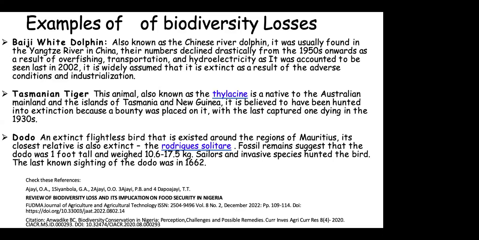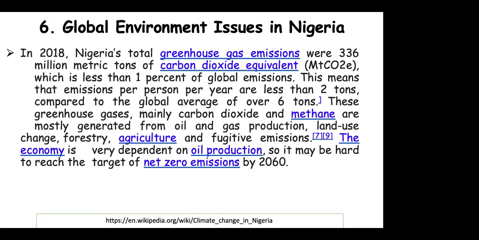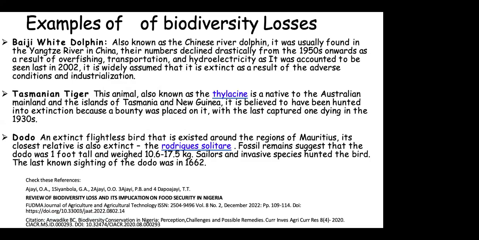Sailors and invasive species wanted the birds. The last known sighting of the dodo was in 1652. Now we're talking plenty of years ago. Okay? So that's about biodiversity.